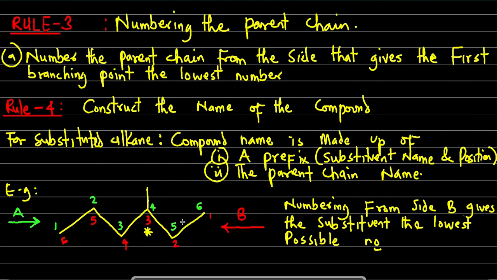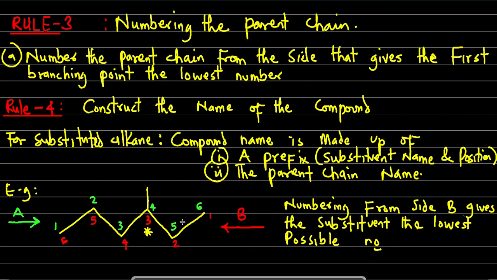All right, so let's look at rule number 3. Now we've actually gotten to where we start numbering the chain. Oftentimes in naming compounds, you've been seeing 4-methyl, 4-this, 3-this, 2-this. Now, how did we actually arrive at those particular numbers? It is actually through numbering of the parent chain, right?